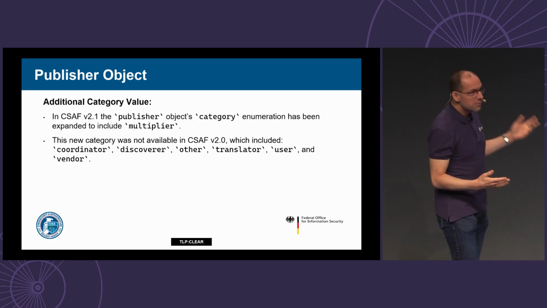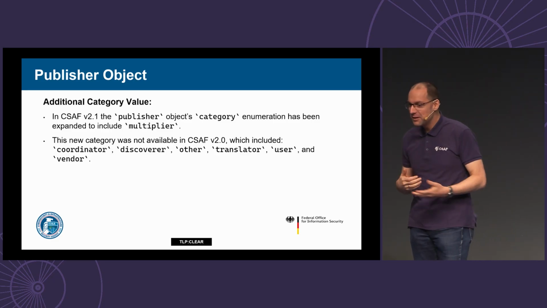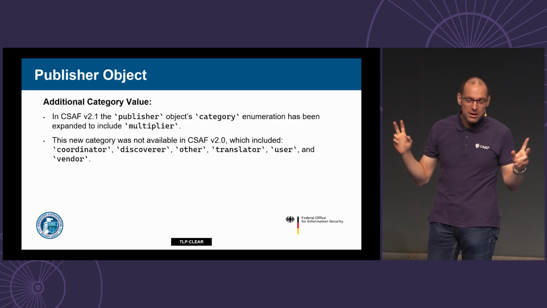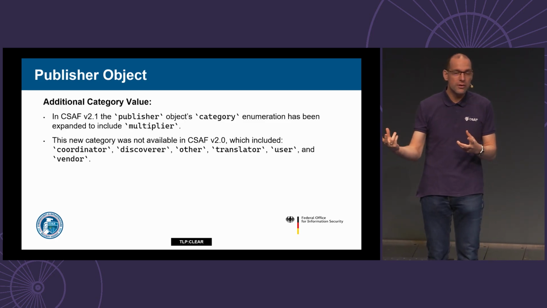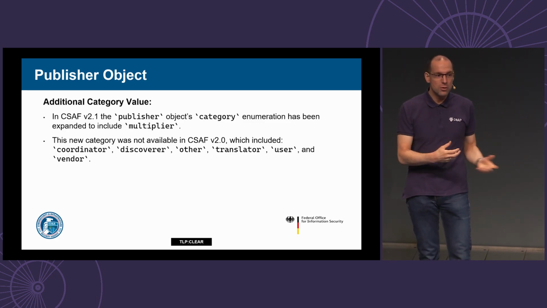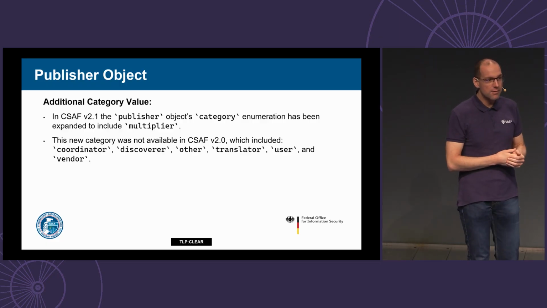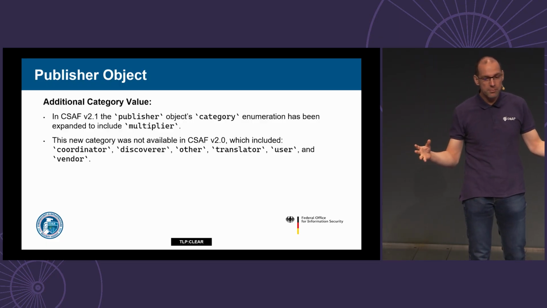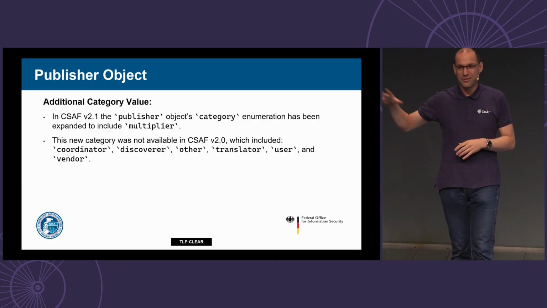We also were a little bit selfish here, since we realized, hey, CISA and BSI, we are kind of republishing things, or we are taking advisories from vendors, and then we add our own assessment to that, and we publish it again, trying to reach a broader audience. And we were always in that category other.